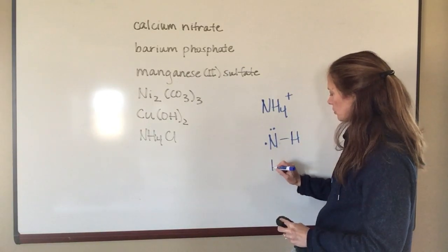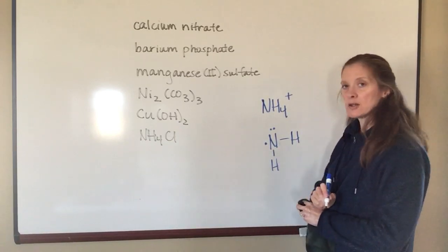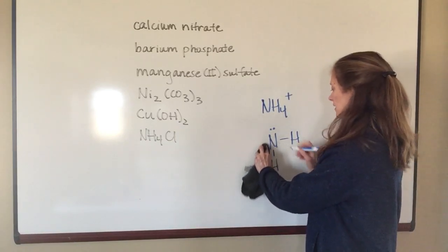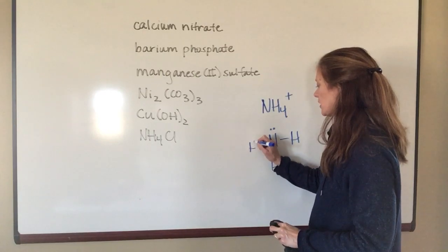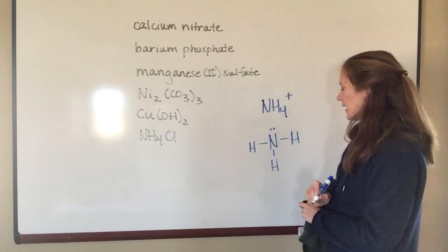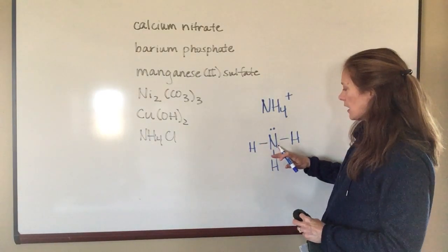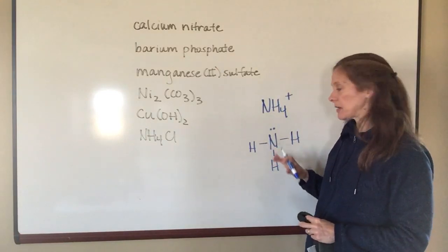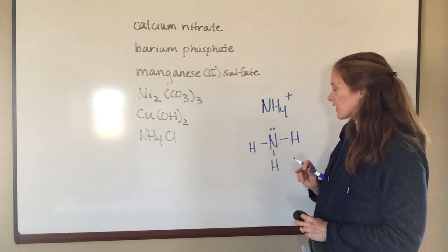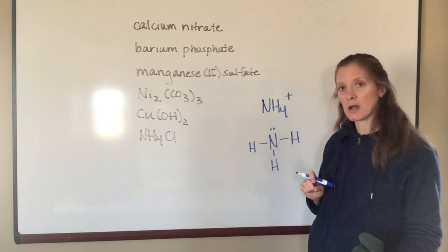Another hydrogen will do the same thing down here, and it will share that one. And then a third hydrogen will do the same thing over here and make a bond here.